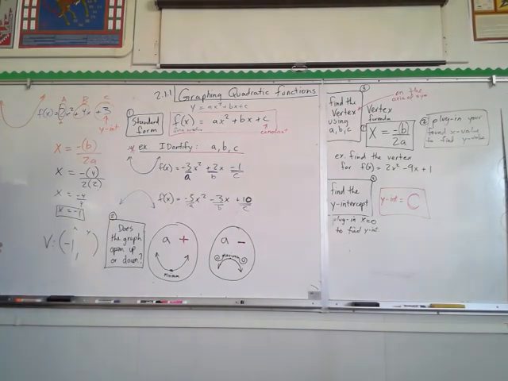I'm going to go ahead and take f of negative 1. Remember, a function just tells me what I'm plugging in for x. That's 2 times negative 1 squared plus 4 times negative 1 plus 3.